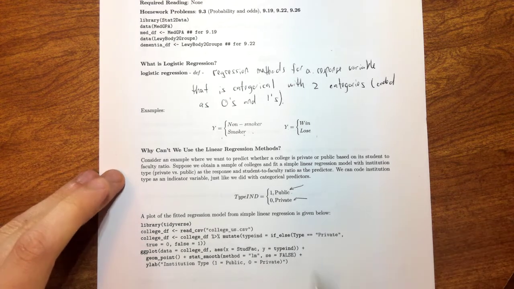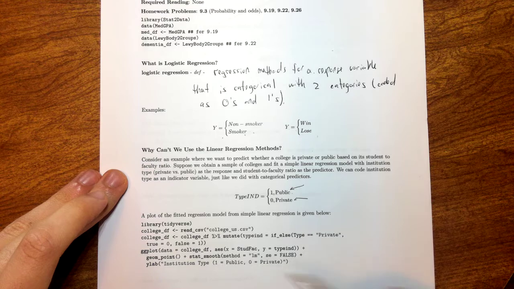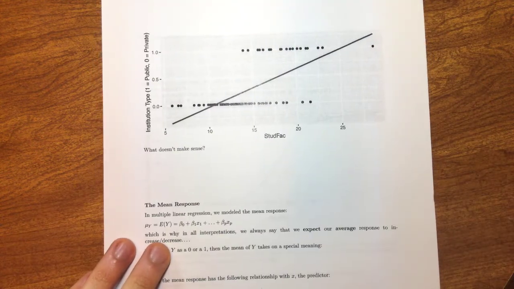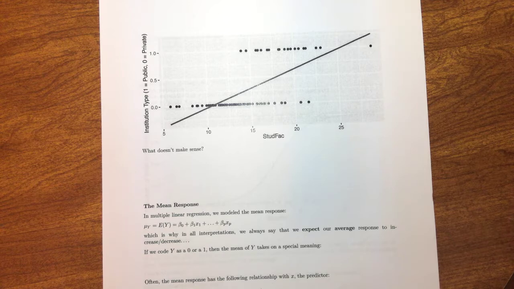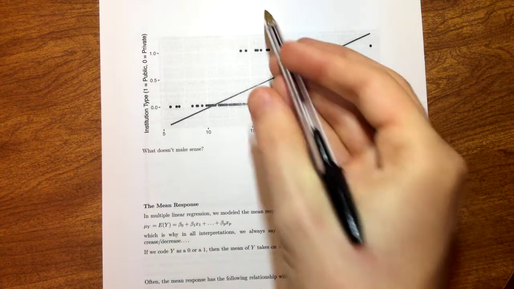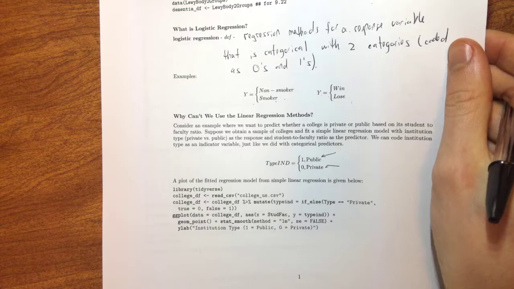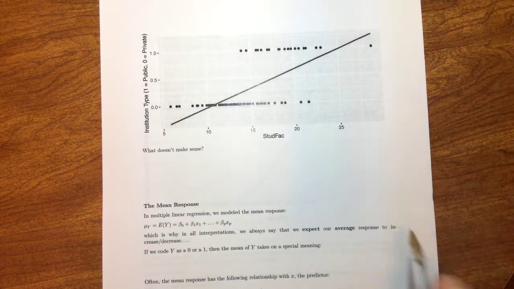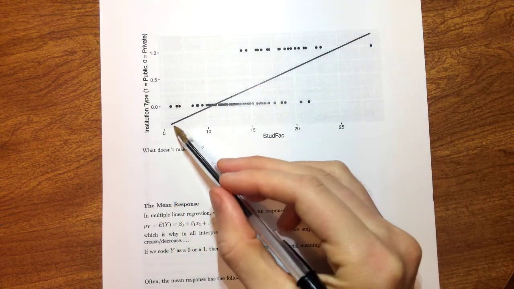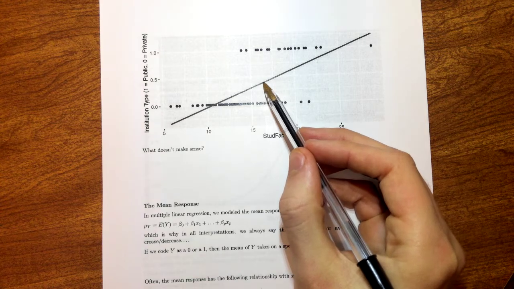There's some code to make the following plot, but this plot isn't right. This is what would happen if we just used what we did before. We used the lm function to fit the model, and then we plotted it with ggplot and added the best fit regression line.